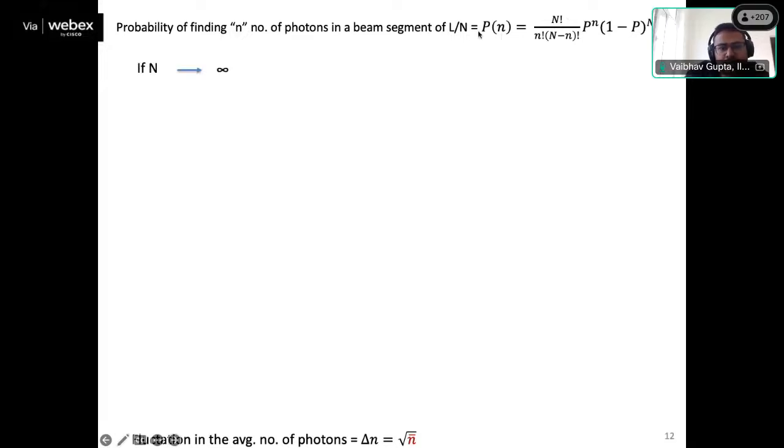Now, you had this length L, and you divided it into n segments. If I increase the number of segments, meaning I am taking very small time intervals, like 10 nanoseconds, now picoseconds, so I'm reducing time to a very short interval, that is the meaning of increasing the number of segments.